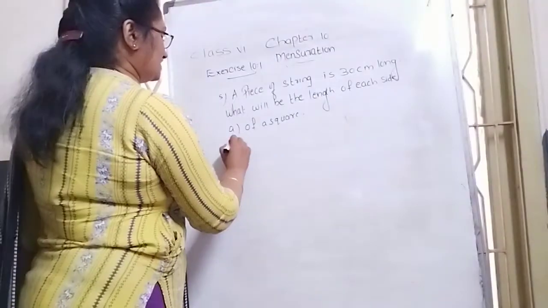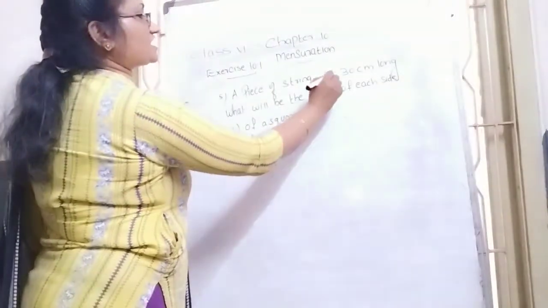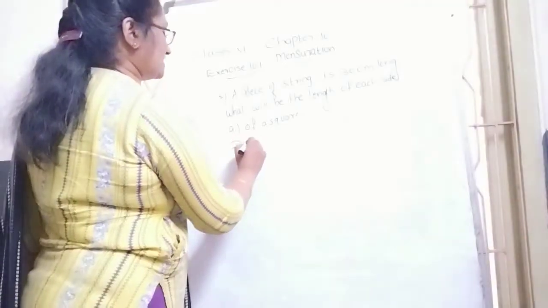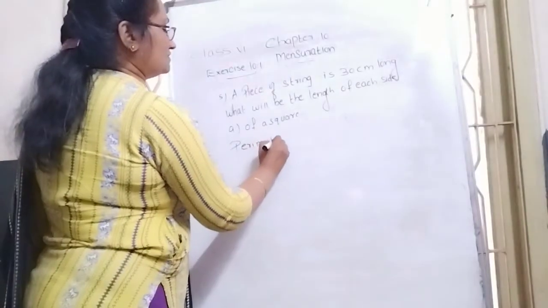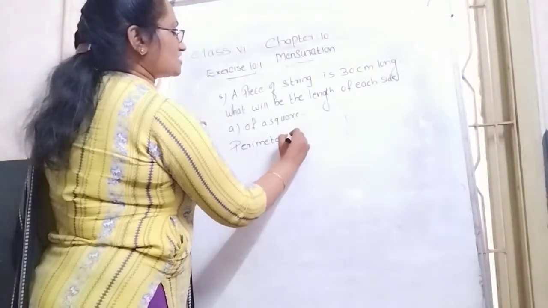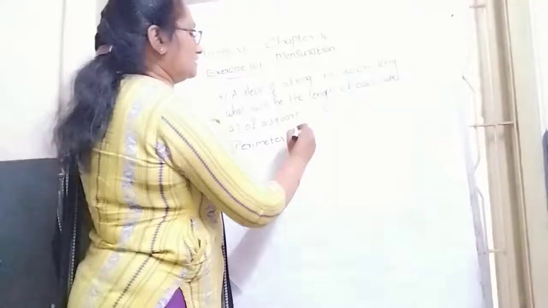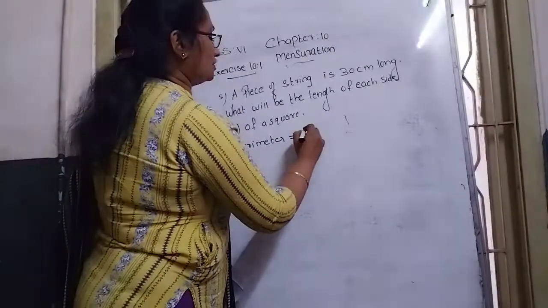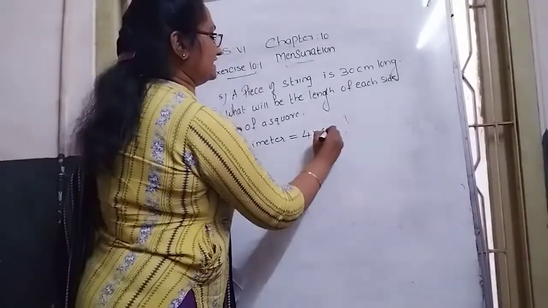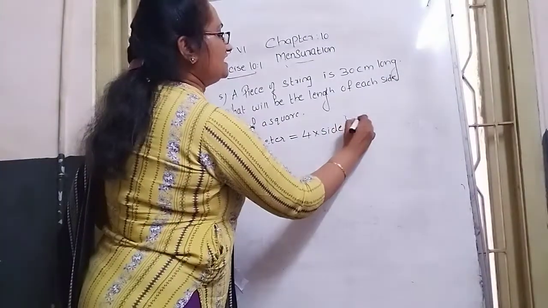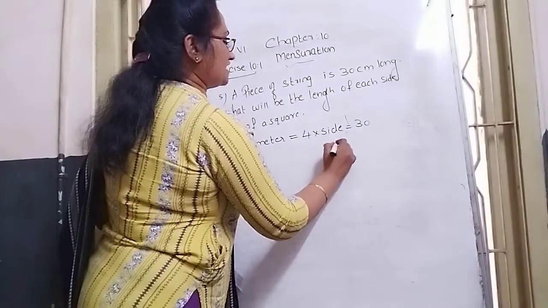So we can write here, perimeter is given, like piece of a string is 30 centimeter long means perimeter is given. Perimeter is equal to, in the square case, 4 into side. That value becomes 30. So how to find the side value?